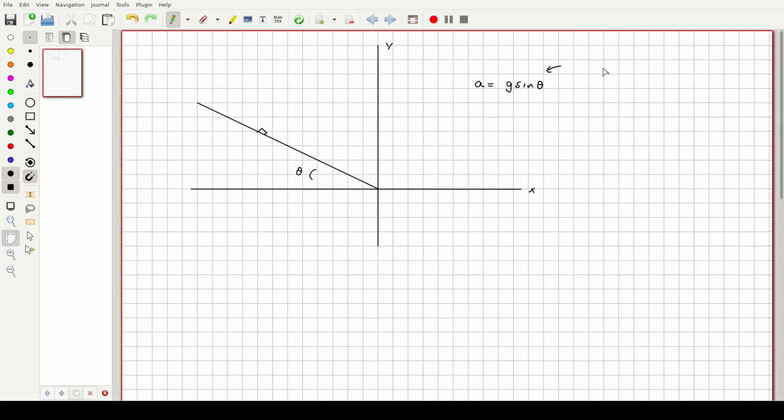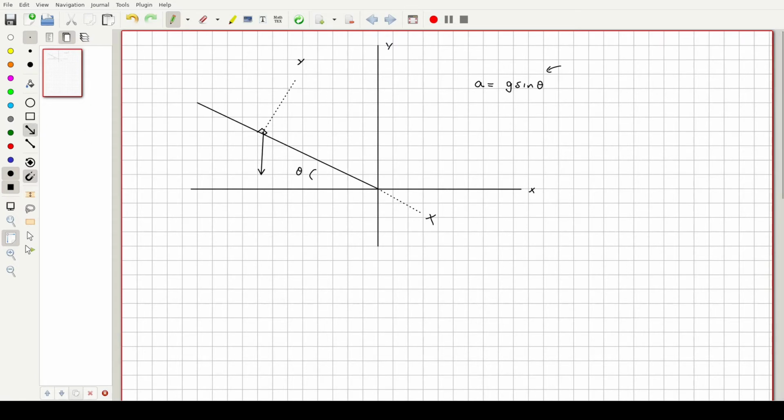Now let's talk more about where this comes from. If you remember the example problem that I worked, working this particular problem in a coordinate system that looks like this is difficult. So, you could think of using this coordinate system instead, where this is the x-axis and this is the y-axis.